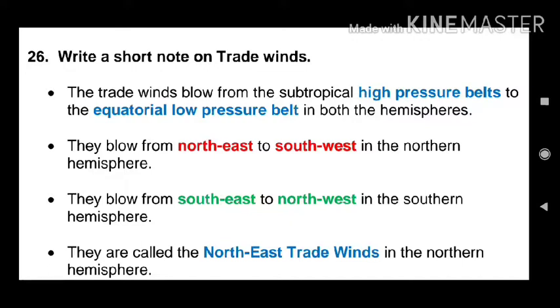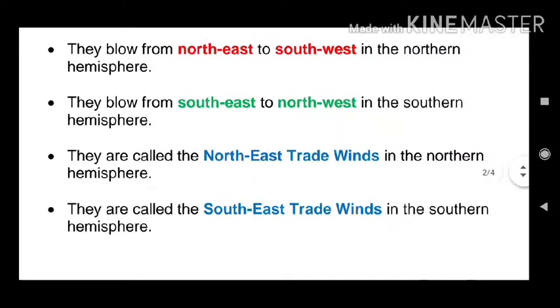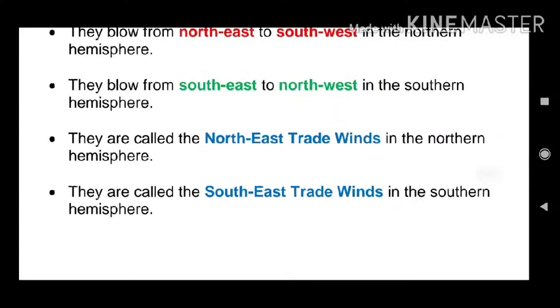They blow from southeast to northwest in the southern hemisphere. They are called the northeast trade winds in the northern hemisphere, and they are called the southeast trade winds in the southern hemisphere. So, they have 2 different names in the northern hemisphere and in the southern hemisphere.